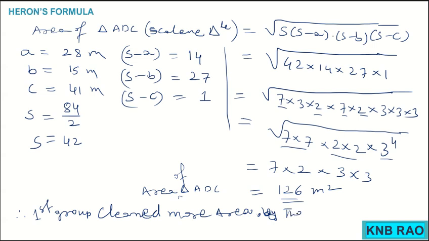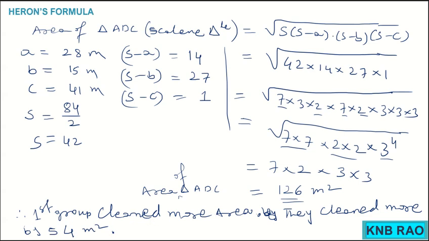By how much is the difference? 180 minus 126 is 54 meter square. This much area they cleaned more.